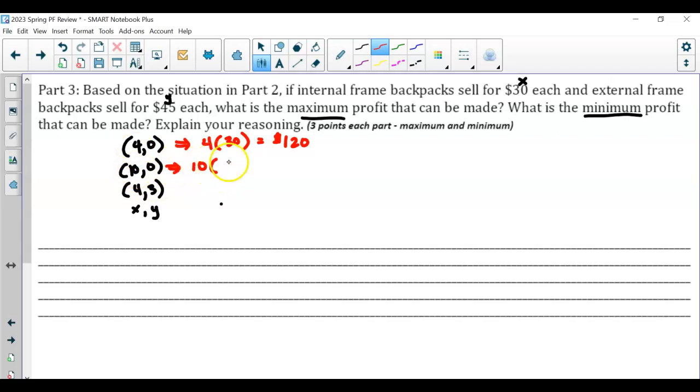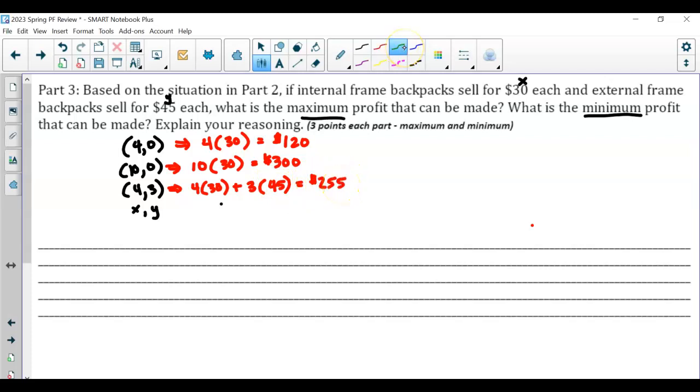So 10 times 30, because again, 10 is the X. So 10 times 30 is $300. So now the last is my X is 4 again, so 4 times 30. But now we have to add to that because now we do have a value for Y, which is 3. So 3 times now 45, which is equal to $255.